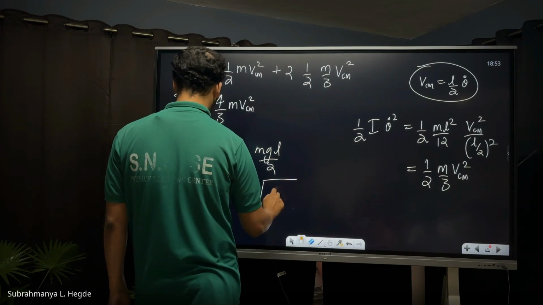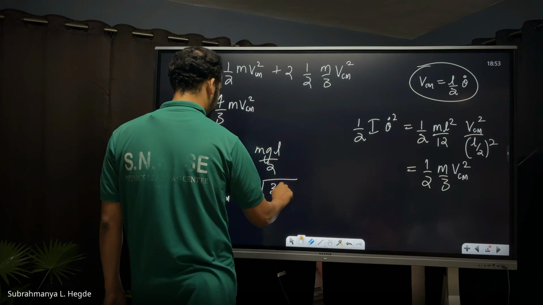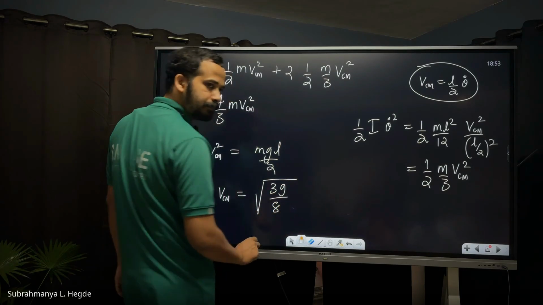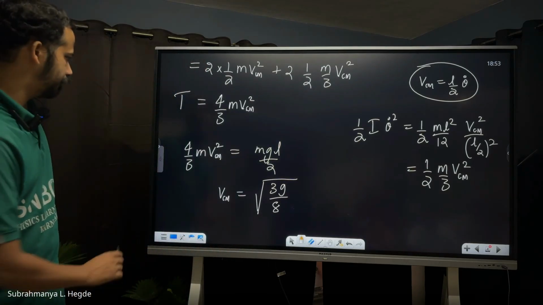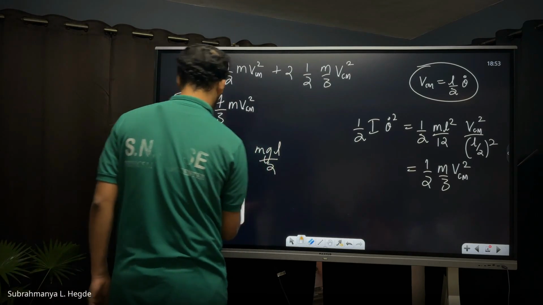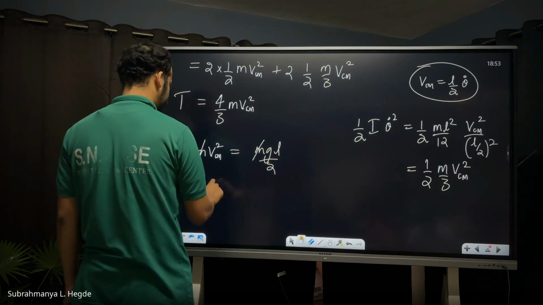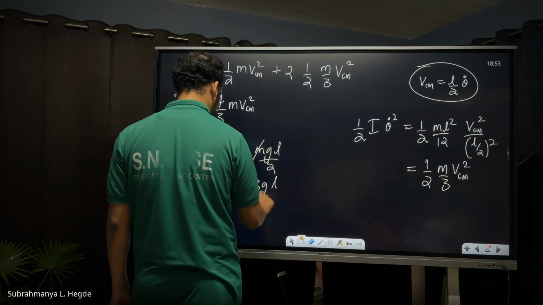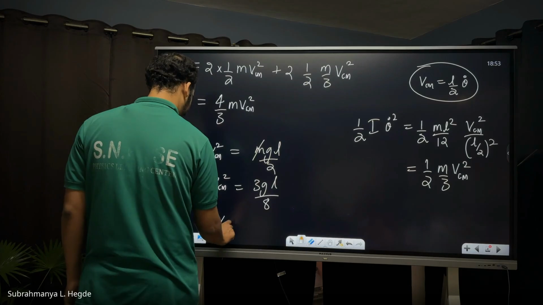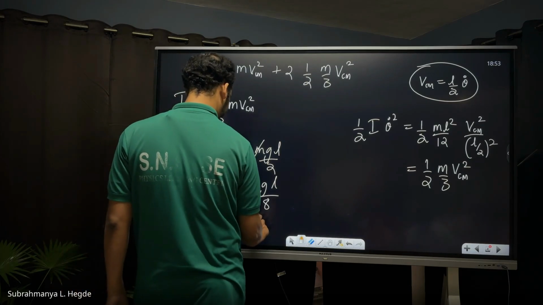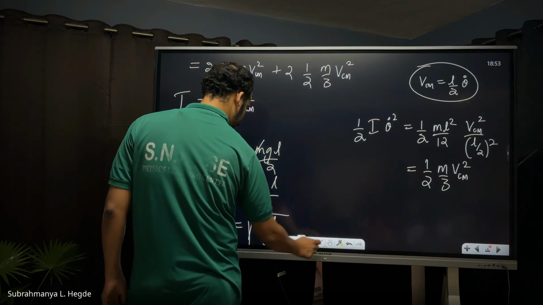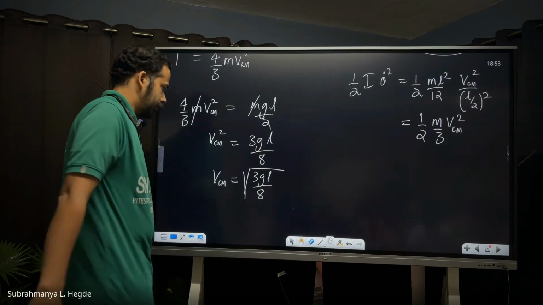VCM equal to root of 3g by 8. I'll write one more step: VCM square is equal to 3gL divided by 8, so VCM is under root of 3gL by 8.